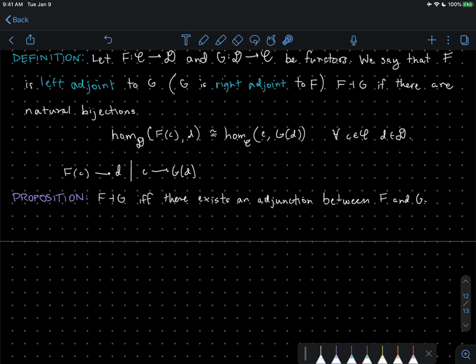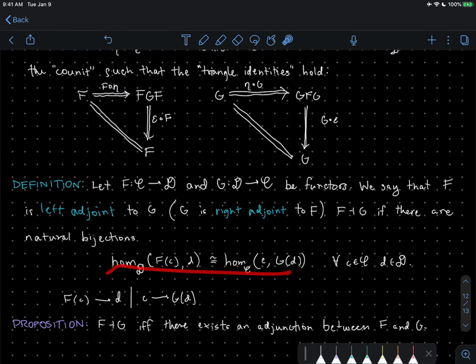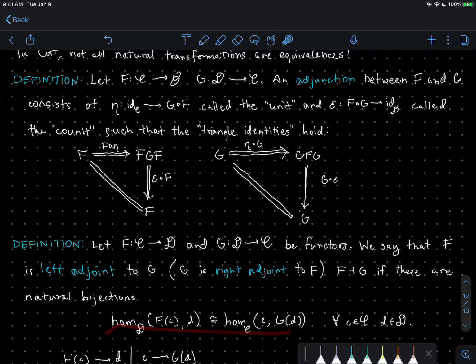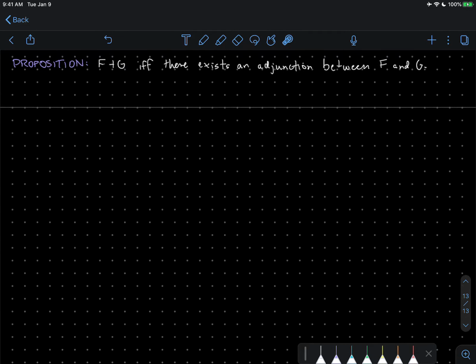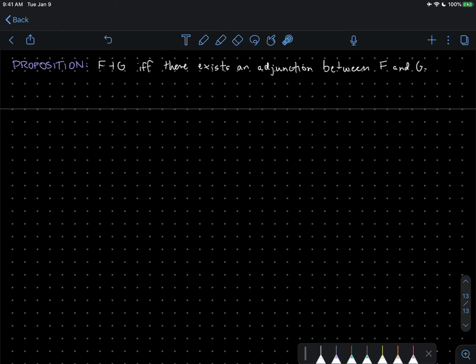You have to have a choice of bijections there, but the naturality of those choices will give you the unit and co-unit identities. The unit and co-unit transformations.